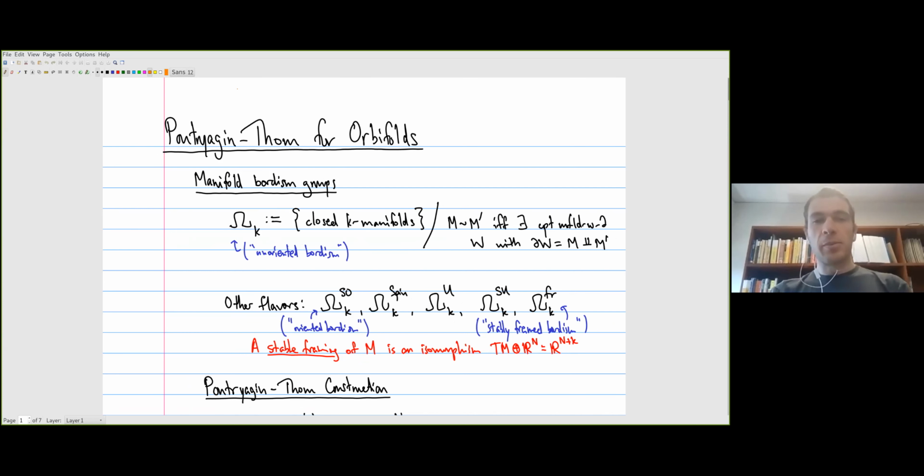The Pontryagin-Thom construction is a very classical construction, and what it does is relate bordism groups, which are a geometric object, to stable homotopy groups, which are objects that come purely from the homotopy world, and are much more amenable to calculation, or at least different sorts of calculation than you could do directly for bordism groups.